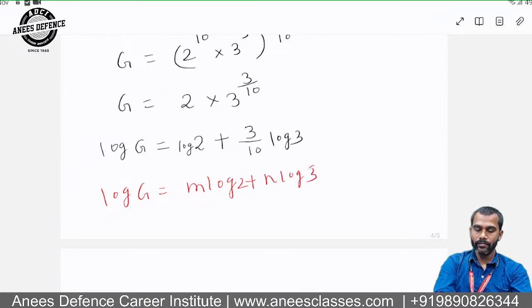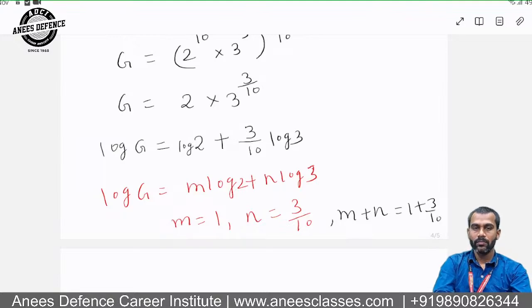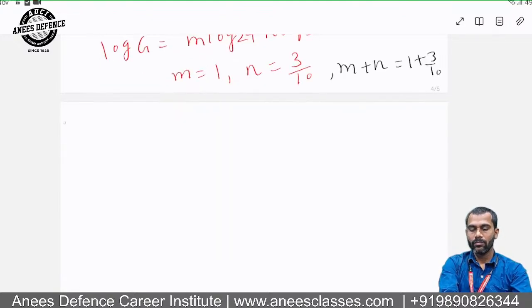So what are the values of m and n? m is equal to 1 and n is equal to 3 by 10. If we add both of them, m plus n is equal to 1 plus 3 by 10, so m plus n is equal to 13 by 10.